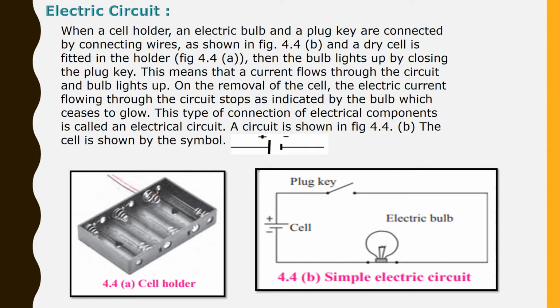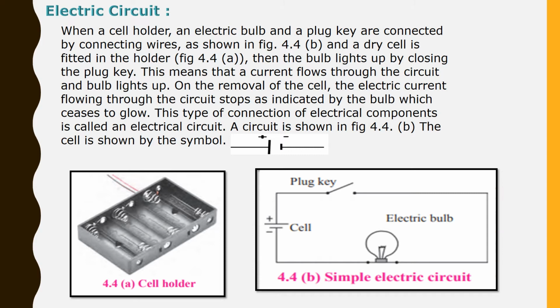This means that a current flows through the circuit and due to that the bulb lights up. On the removal of the cell, the electric current flowing through the circuit stops, as indicated by the bulb which ceases to glow.